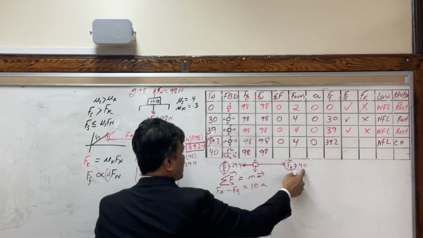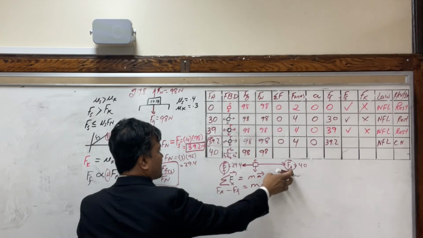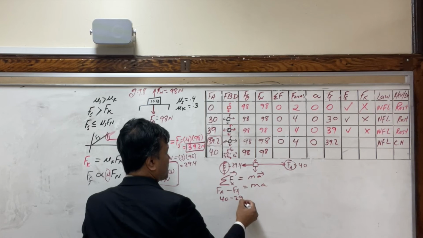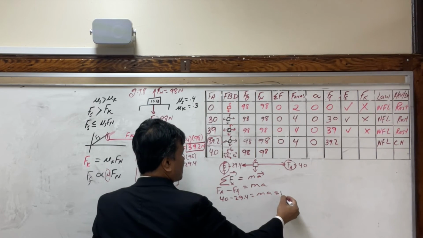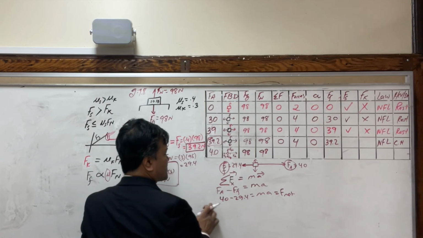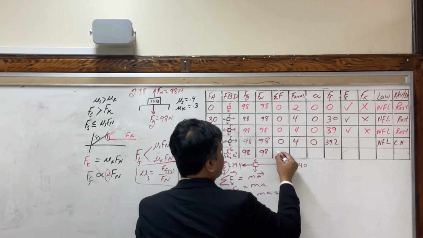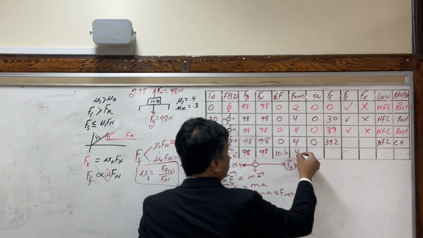Net force is maybe you just write ma, it doesn't matter. So 40 minus 29.4 is ma, which is of course F net. So it is 10.6. Net force is 10.6.